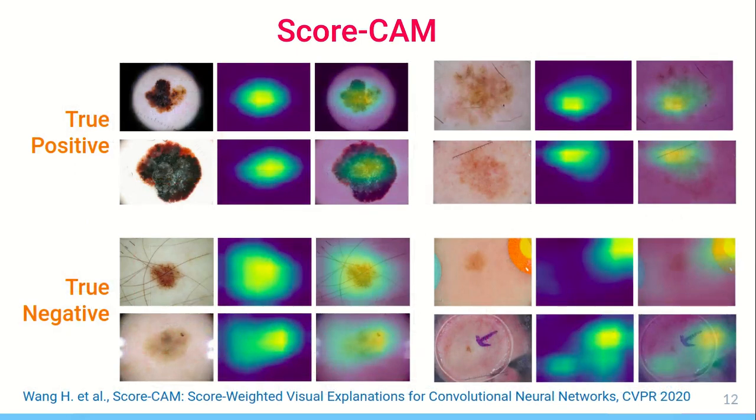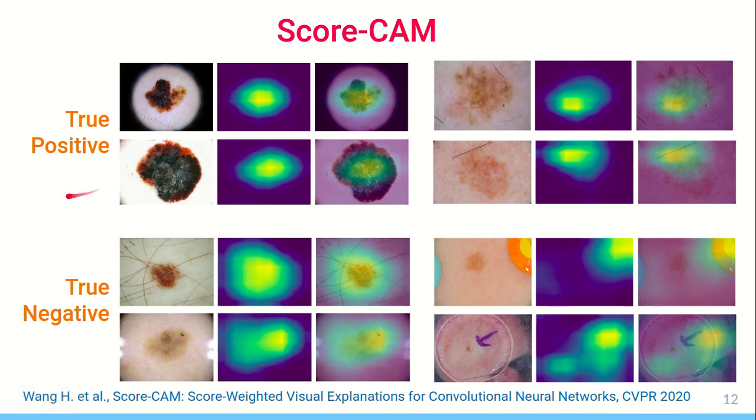ScoreCAM is a local method, which means it produces a different explanation for each prediction. Here we have the input image, the heat map, and a superimposed image. In order to evaluate these explanations, we divide them according to the correctness of the prediction.